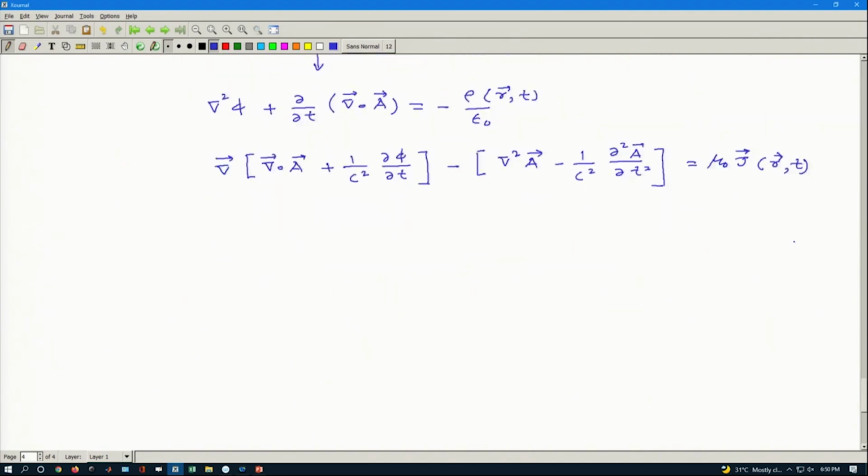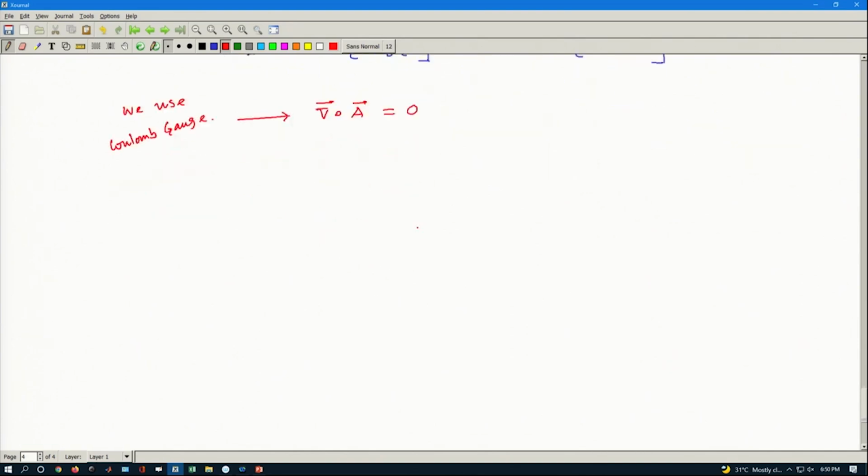After that, we had the Coulomb gauge, and the condition of the Coulomb gauge is divergence of A has to be 0, that is the constraint we are using. After using the Coulomb gauge, this quantity is 0 and we get the first equation as this.